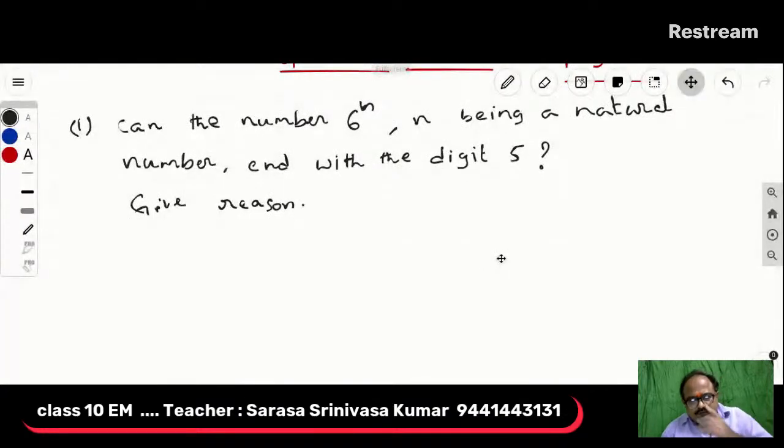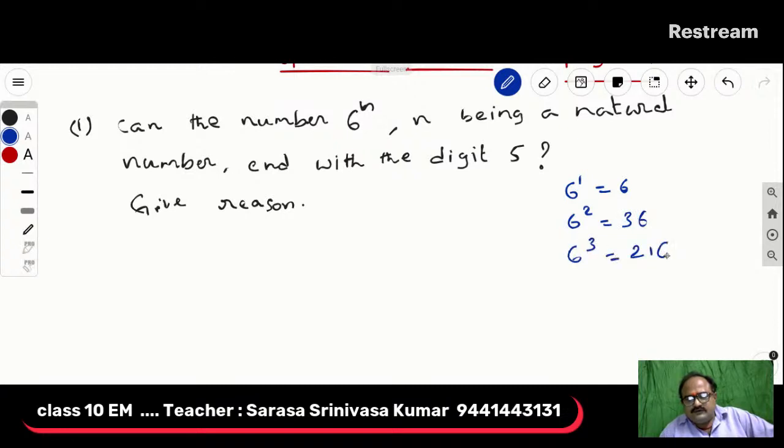This is a very simple problem. Let us consider some examples to understand this concept. 6 to the power of 1 equal to 6. 6 square equal to 36. 6 cube equal to 216. Now we consider 6 power 4.